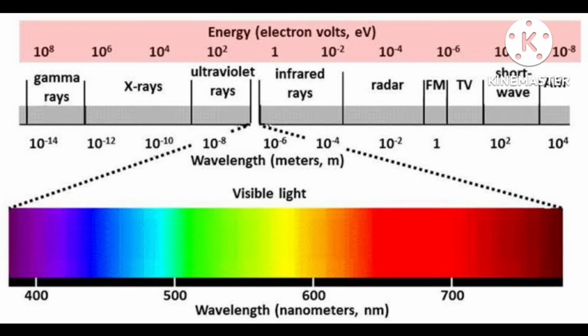Second example, the microwave region, around 10 to the power 10 Hertz, used for radar. Third example, the infrared region, around 10 to the power 13 Hertz, used for heating.